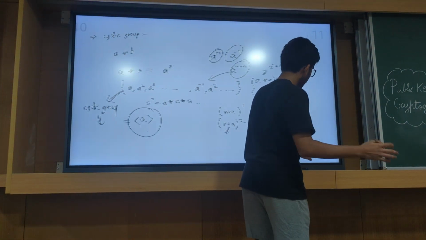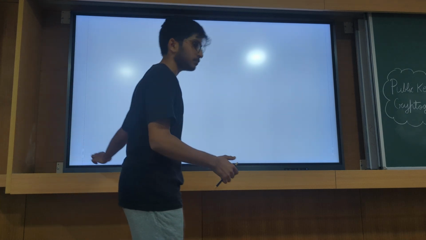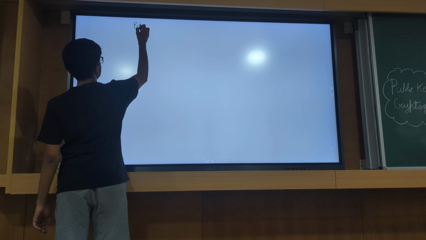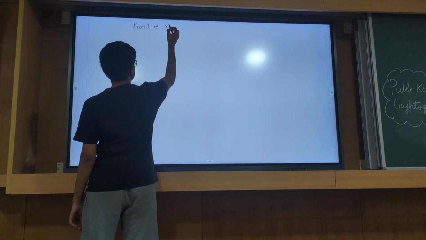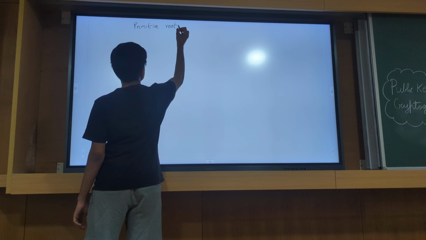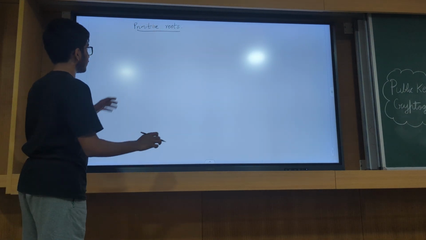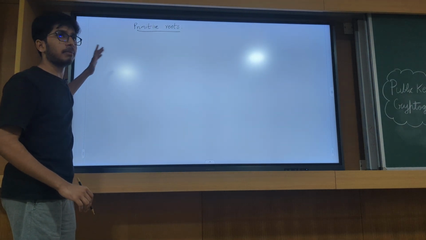So we discussed group, subgroup, and what is the meaning of cyclic in groups. So one last thing, I'll discuss what are primitive roots. Let's say this is not related to group theory, just leave that group part, this is separate.